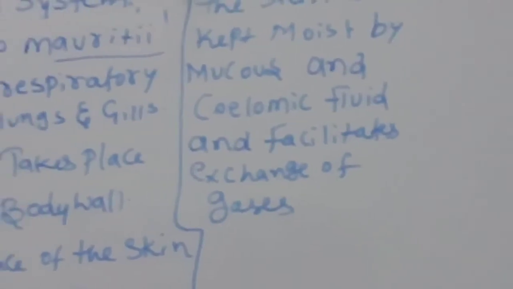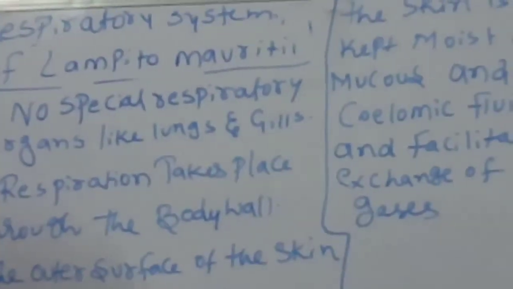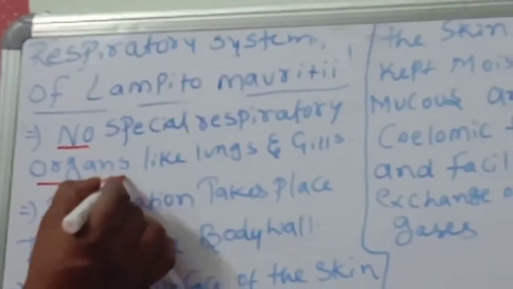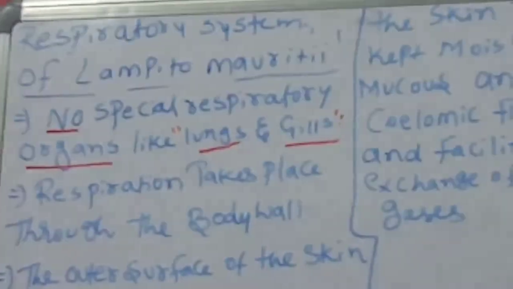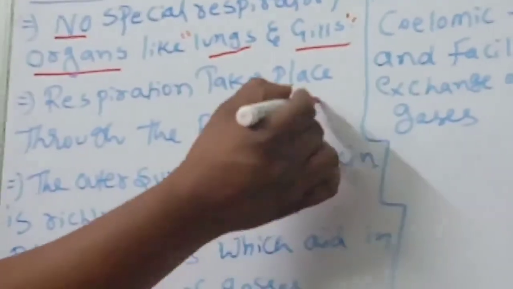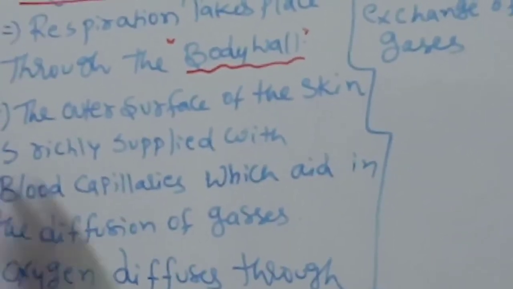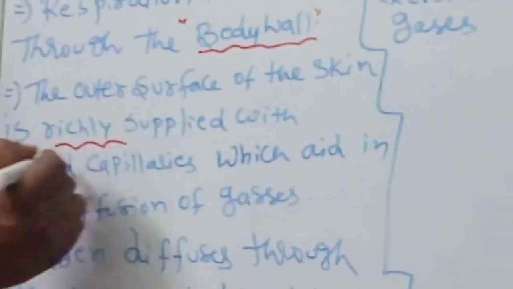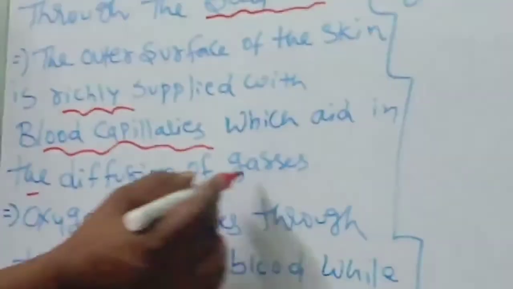Okay, children, the respiratory system of Lampito mauritii has no special respiratory organs like lungs and gills. Respiration takes place through which one? The body wall. The outer surface of the skin is richly supplied with blood capillaries which aid in the diffusion of gases.